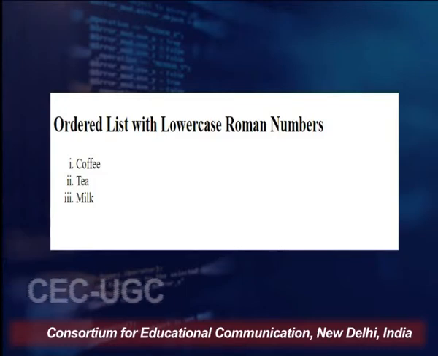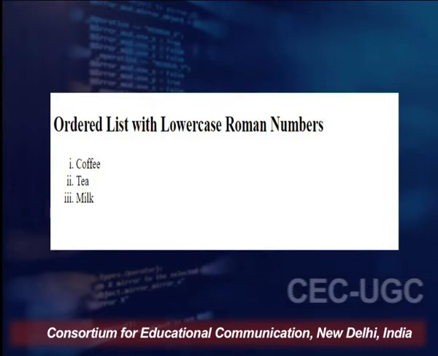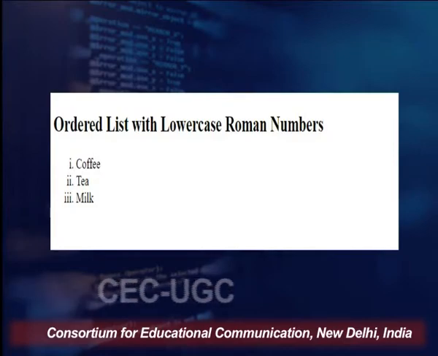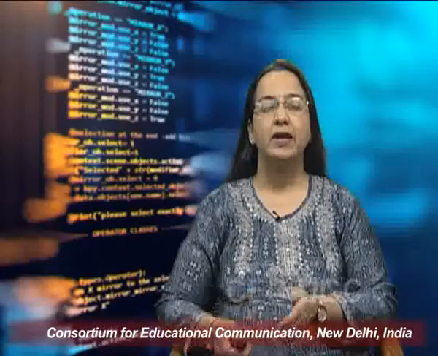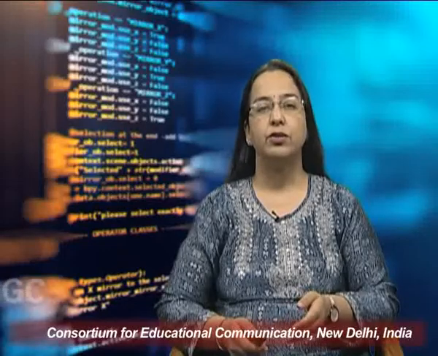So the value of the type attribute of the OL tag can be small i, capital A, or small a, whatever. Now after clearing these two types of lists, which are the ordered list and the unordered list, we can slightly modify this ordered list.